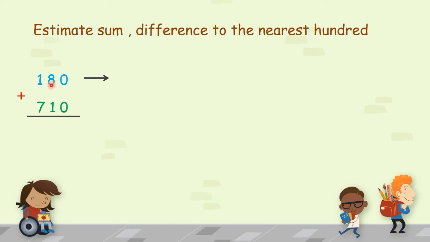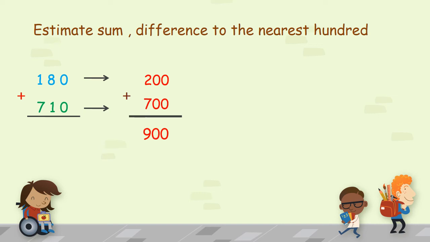Our tens is 8, so we're going to round up, so it becomes 200. Now here our tens is 1, so you're going to round down, so you're going to go back to 700. Let's add the estimate. Yes, 2 plus 7 is 9, so 200 and 700 is 900.